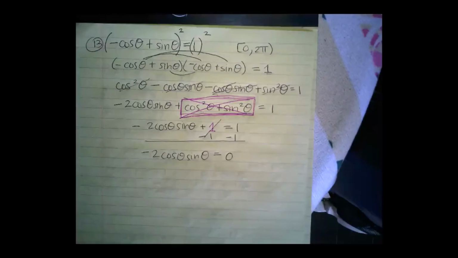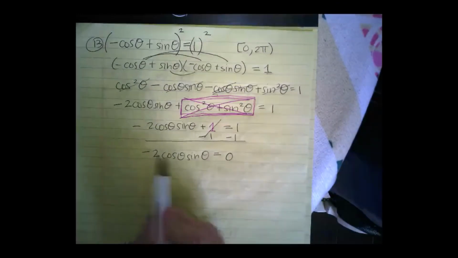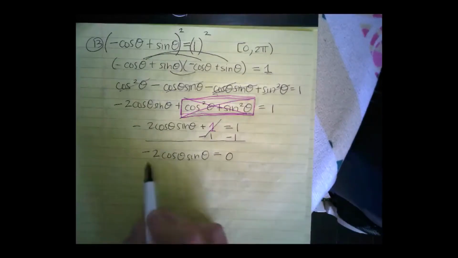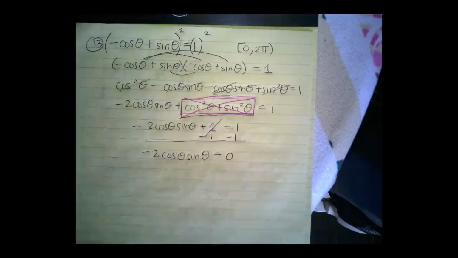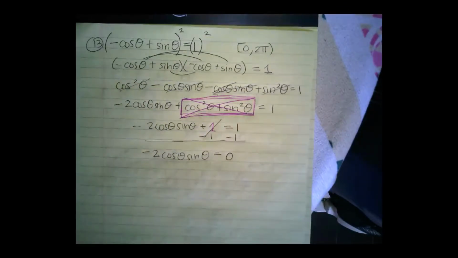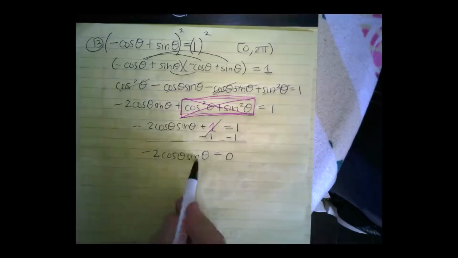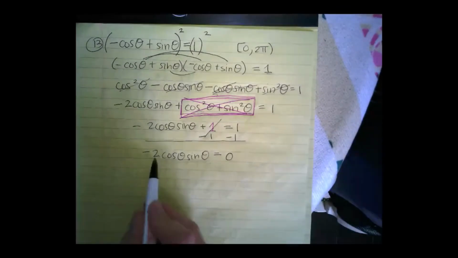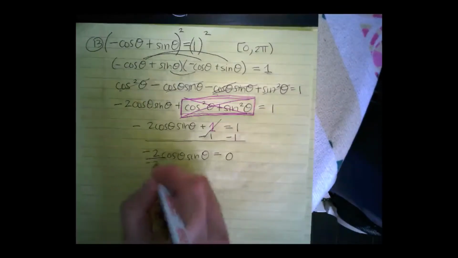Very interesting. I have 3 things being multiplied together, and their product equals 0. Well, I know something called the zero product property, which says I can take each factor and set it equal to 0. But really, this negative 2, because it's getting multiplied, let's just divide both sides.